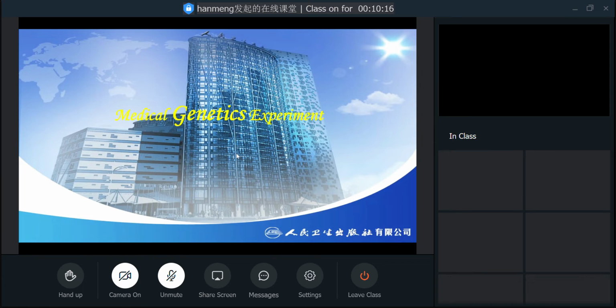So this inactivated X chromosome can be deep dyed. Then we can observe it under a microscope.